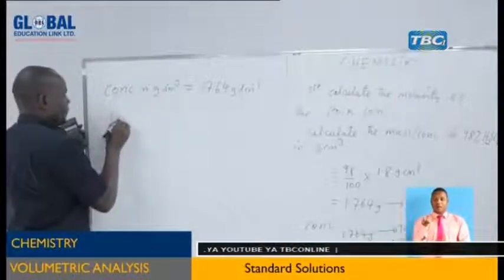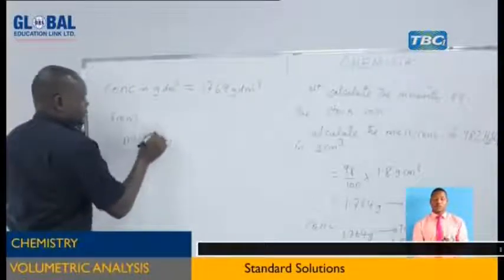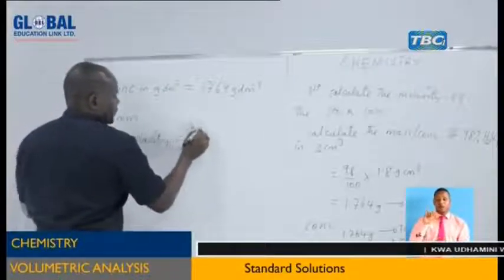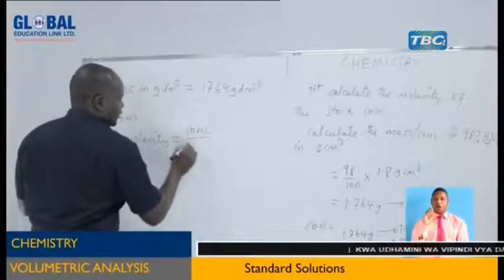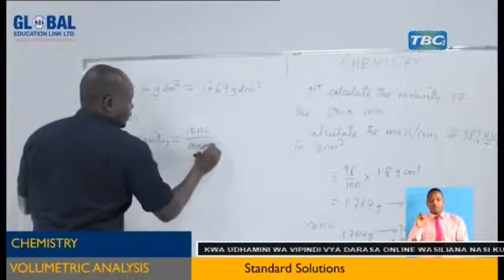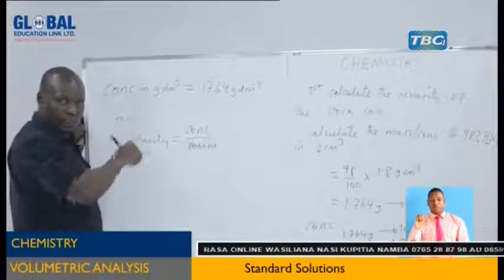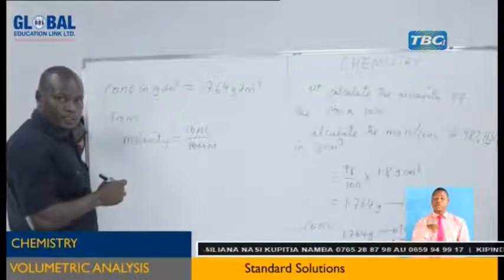Molarity is equal to concentration divided by relative molecular mass. The relative molecular mass of sulfuric acid is found on the bottle of that stock solution.